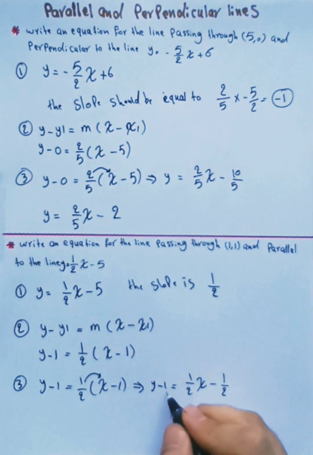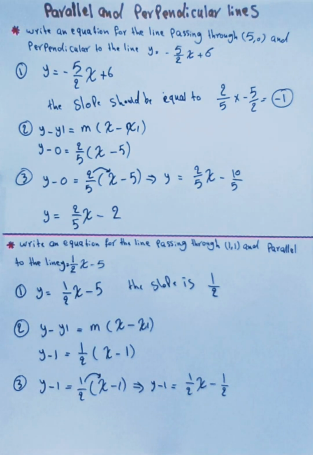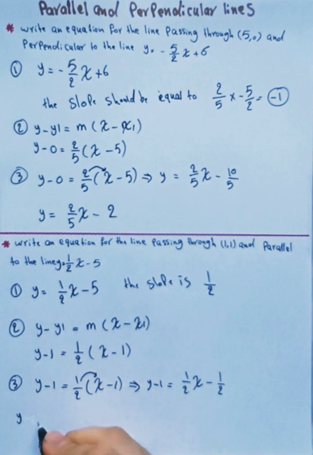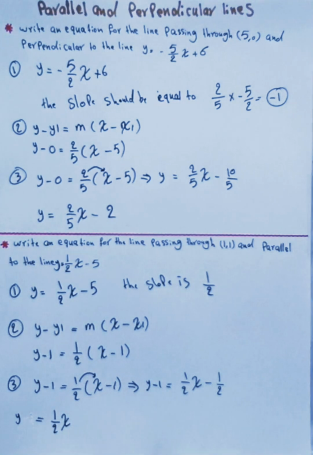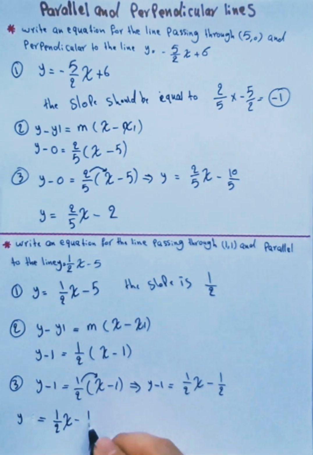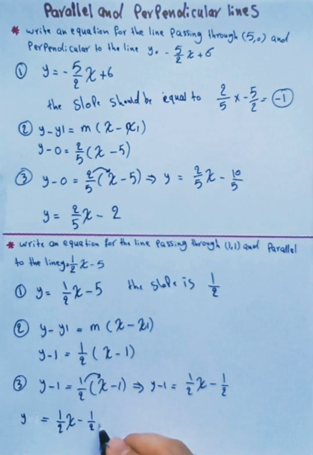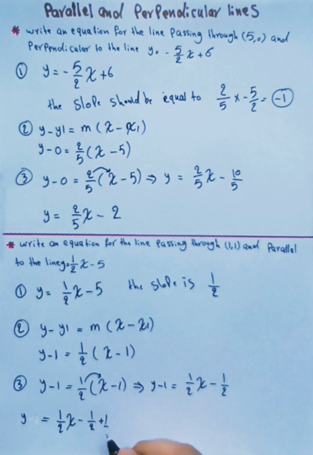After that, you have to change the place of negative 1 to the right side, so y equal to 1 out of 2x minus 1 out of 2 plus 1, and then you have to change this whole number into a fraction and multiply by 2, because the least common multiple for 2 and 1 is 2.